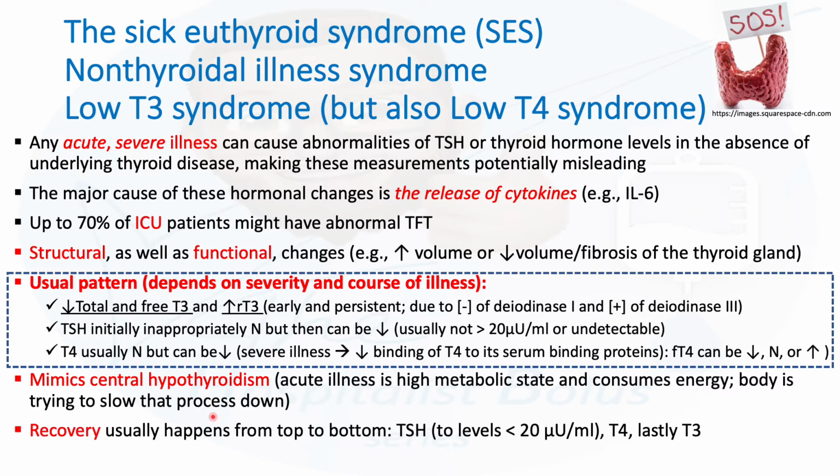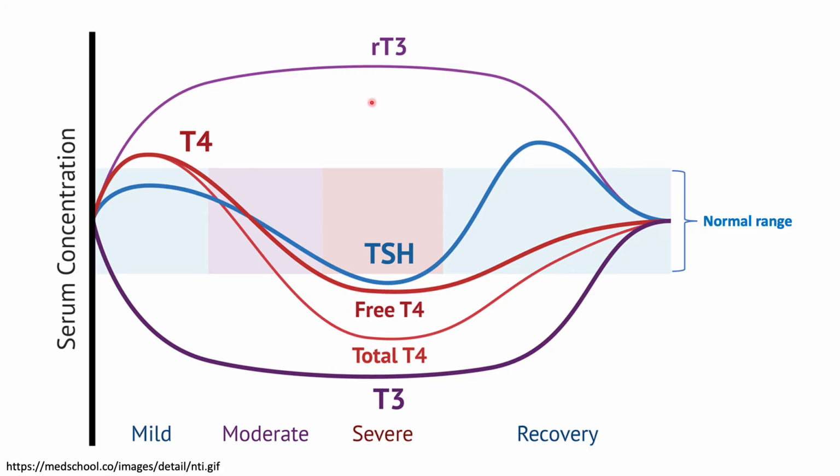Usually recovery happens from top to bottom. So TSH starts to recover first, followed by the T4 and lastly T3. And this diagram actually shows all this. In mild to moderate acute illness, usually the T3 is the first to change and go down, and the reverse T3 gets elevated, and then sometimes the T4 might be elevated, but not always.